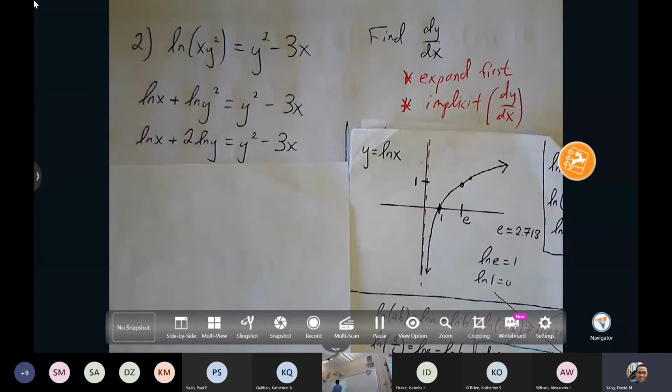Notice that now we have 4 individual terms, and these are all relatively easier for our derivative step. The 2 left terms, we can apply u prime over u, and the 2 terms on the right, we can apply power rule. But then we got to keep track of our implicit. We have our y terms there, so each of those y derivatives will produce a dy dx.